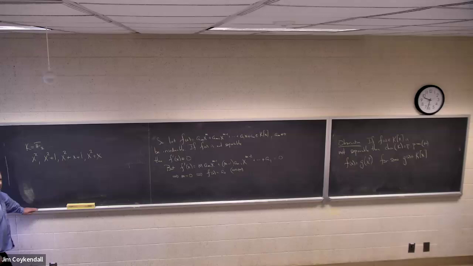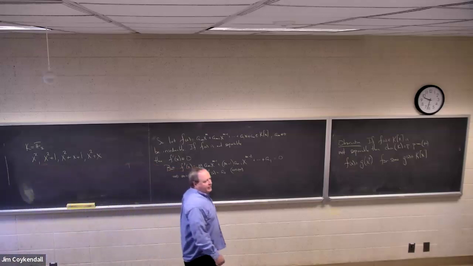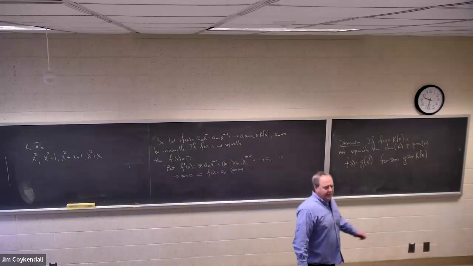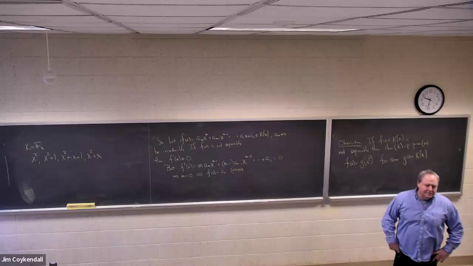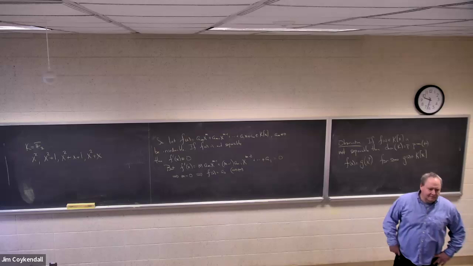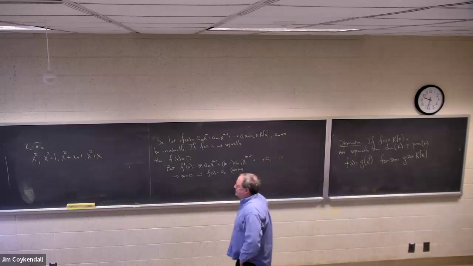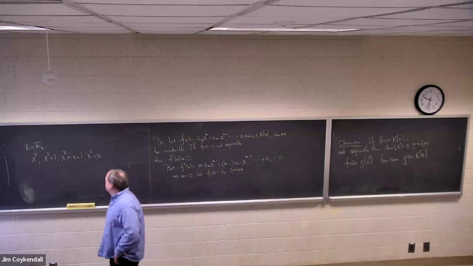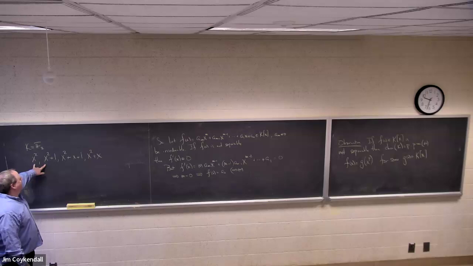Now I'm looking at polynomials over F2. Which of these polynomials are separable? Which of them are not separable? These two have formal derivative 0, don't they?